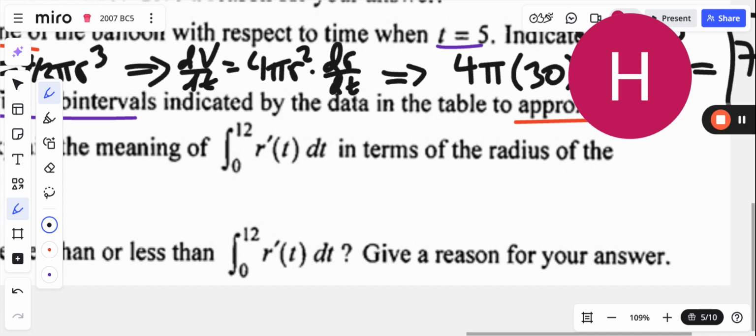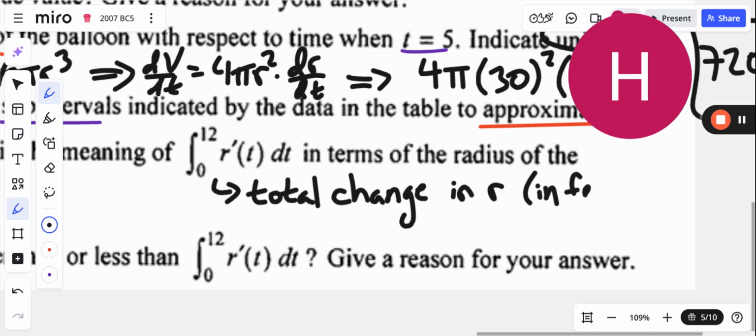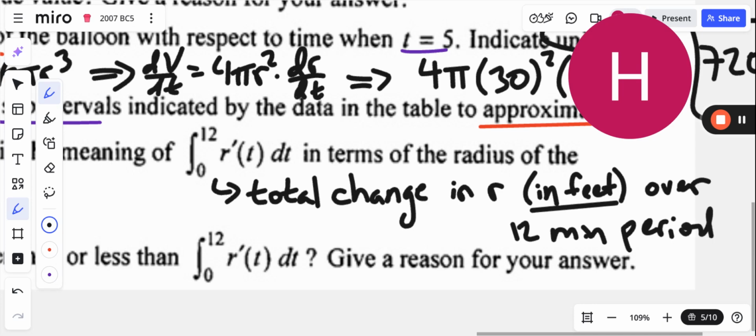If we add up all of those small changes, we get the total change in r, and the units are going to be in feet, of course, over the 12-minute period.